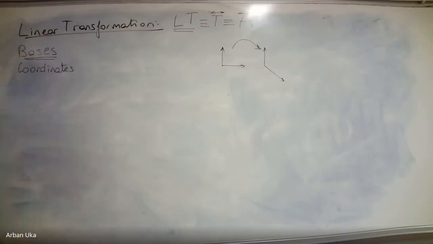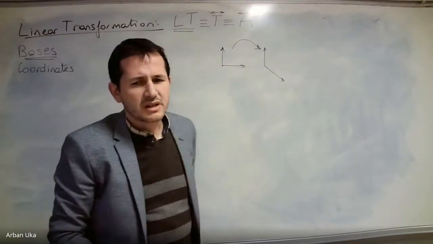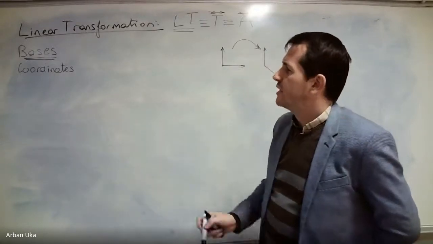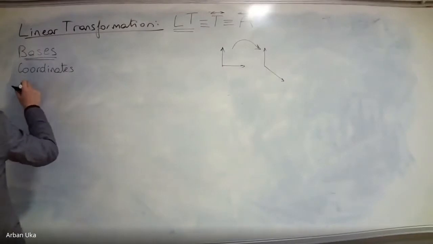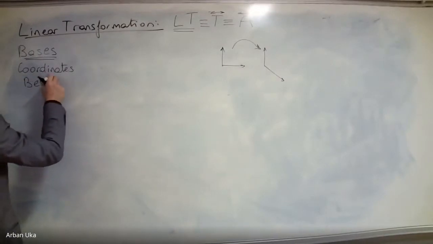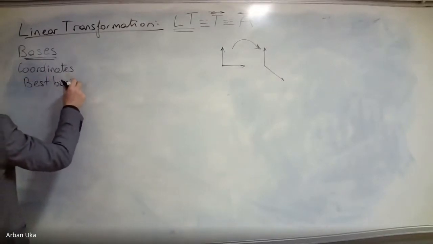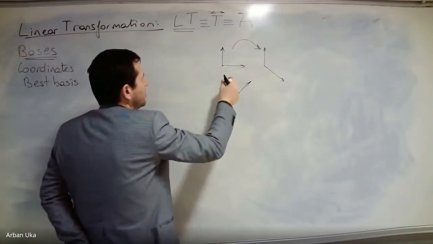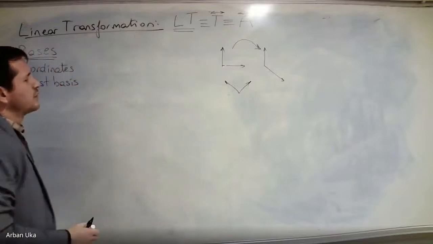Now, the moment that we change the basis, the next big question, which we are going to discuss in the next 2 or 3 sessions, would be: which one is the best basis? We can have this, or we can have this other basis that is going to look like this. Which one is the best basis?